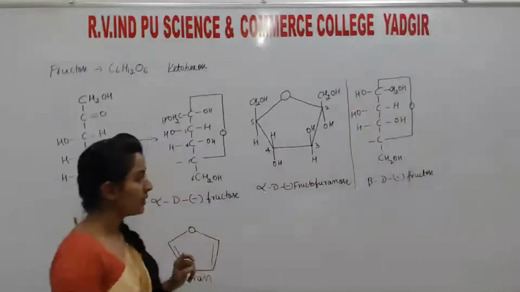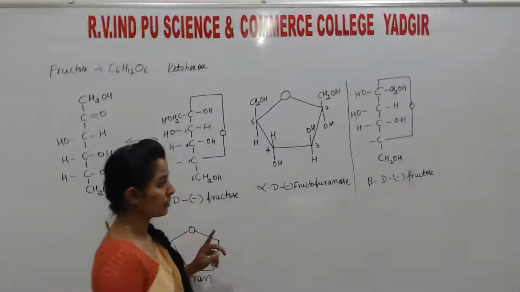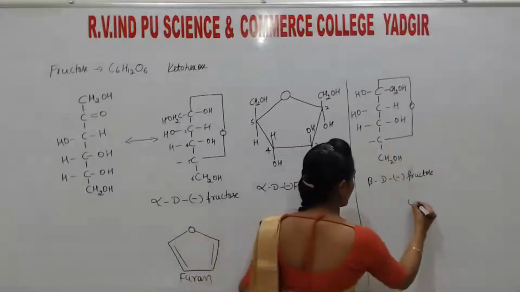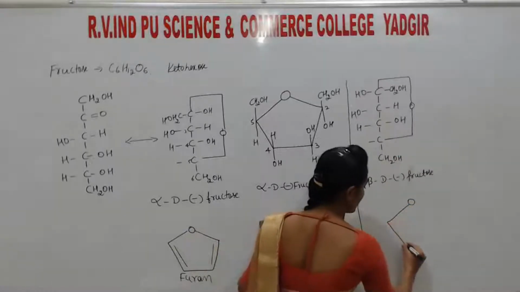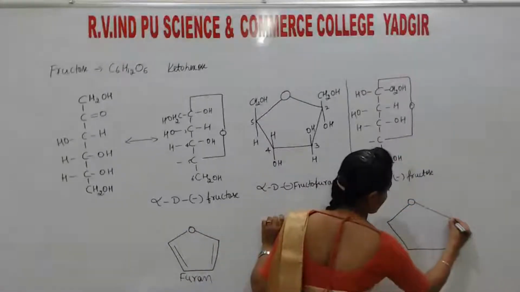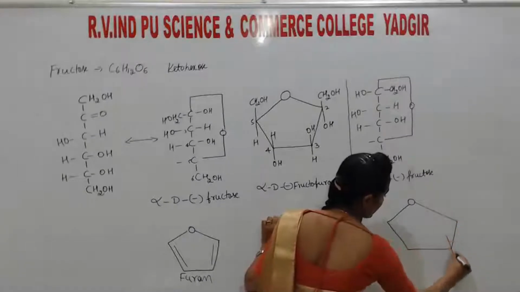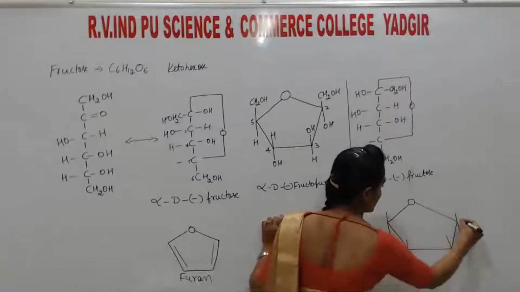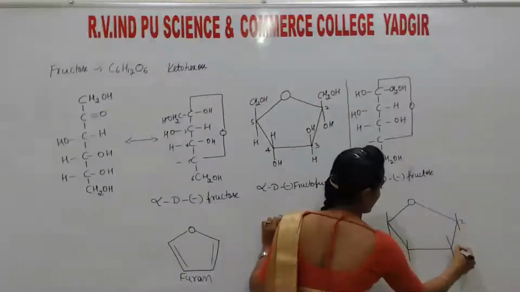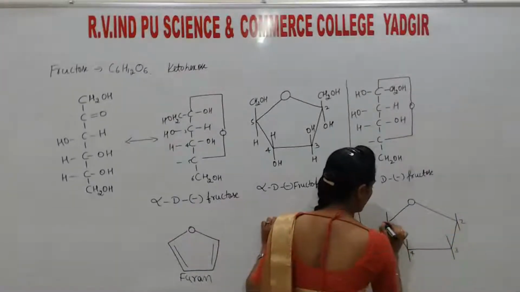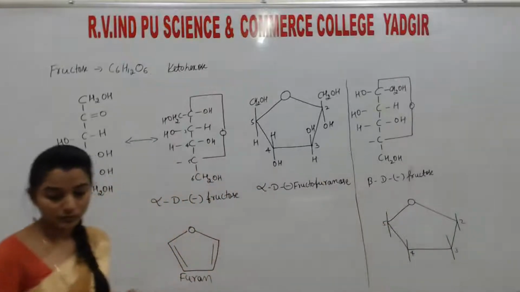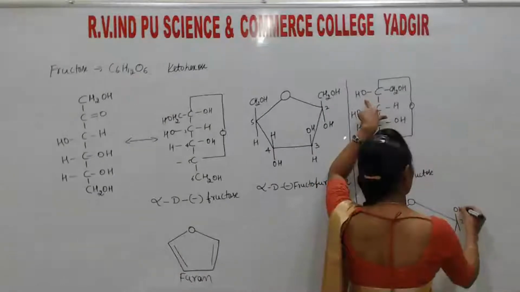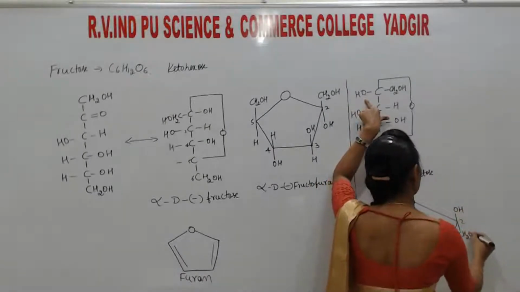Alpha D plus fructofuranose. So if I write the structure here from this compound, I take oxygen. This is the second carbon atom, third, fourth, fifth. So here OH is here, CH2OH is here.